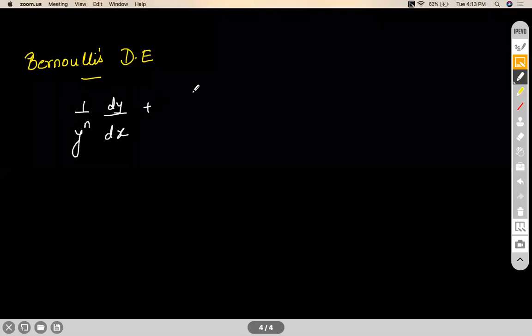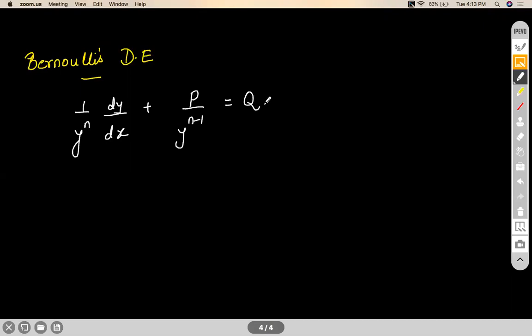The look and feel of Bernoulli's differential equation is this. Of course, there could be small fine tunings over here. Something of this nature, where P and Q are functions of x.